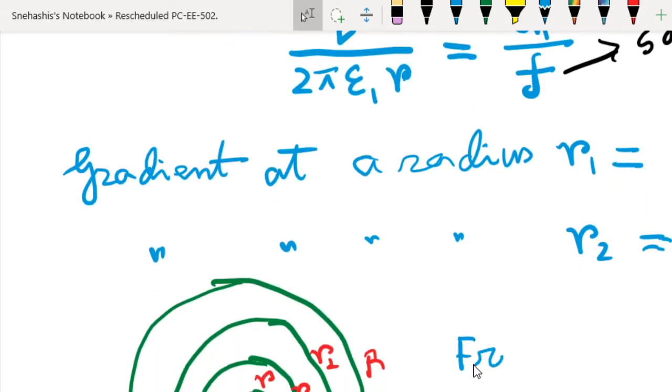So from 1, 2 and 3, what we can get is that q equal to 2 pi epsilon 1 r g1 by f equal to 2 pi epsilon 2 r1 g2 by f equal to 2 pi epsilon 3 r2 g3 by f.